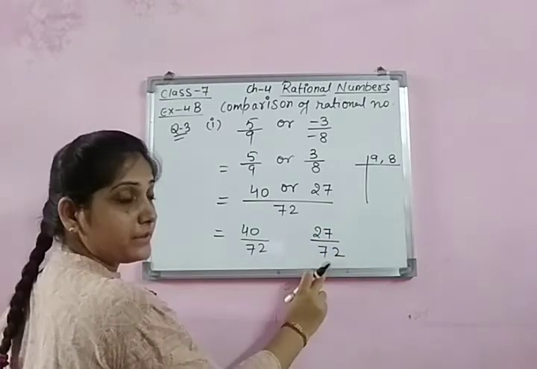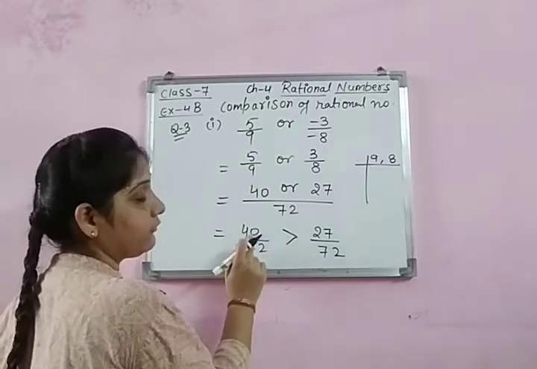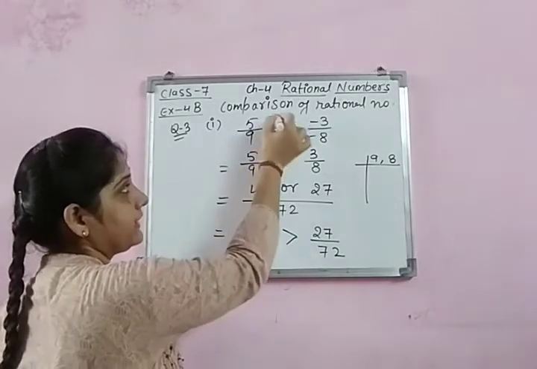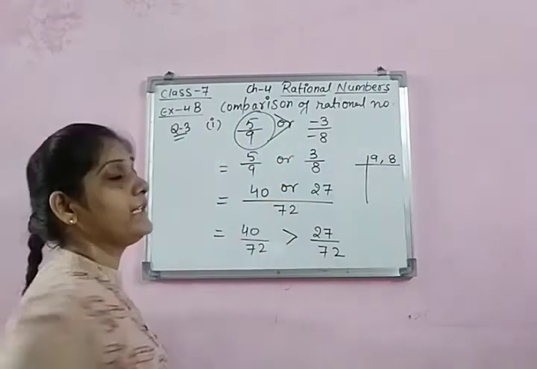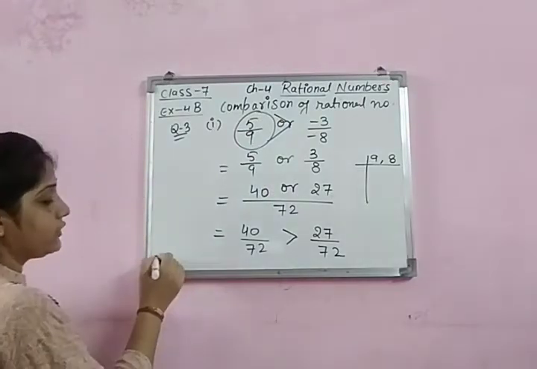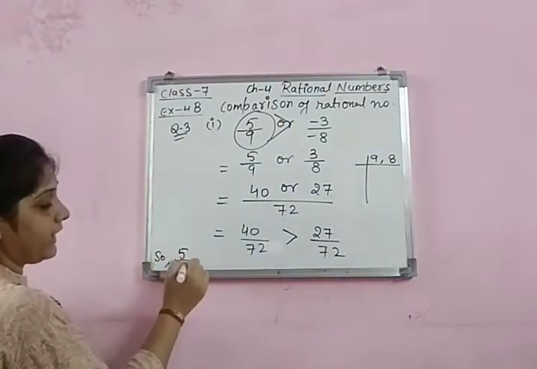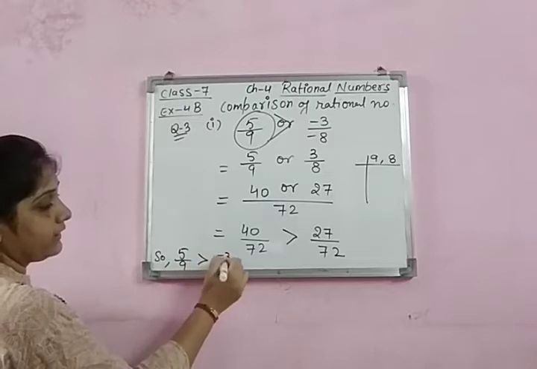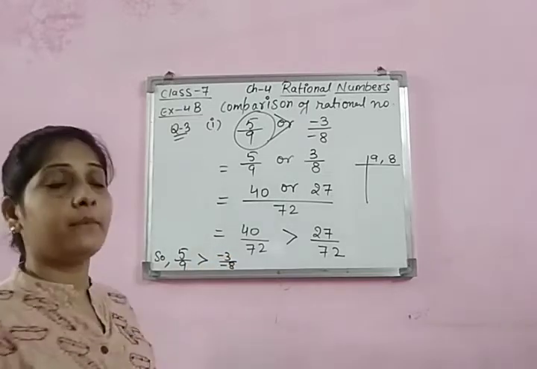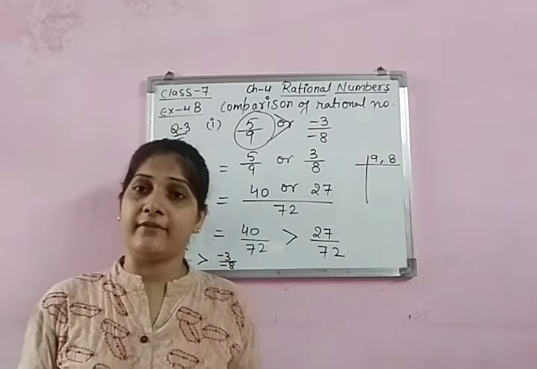So now the denominators become same. I can tell 40 is bigger. So this side sign, it means 5 by 9 is greater. At last you have to write 5 by 9 greater than negative 3 by negative 8 in the main form of the question which is given to us.